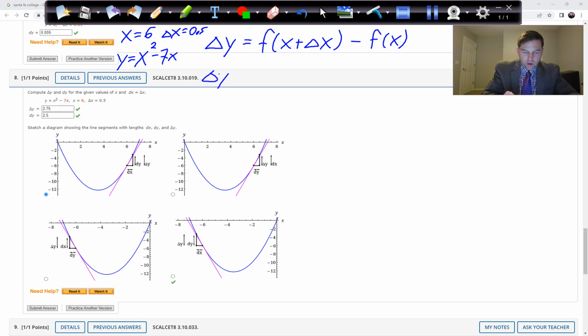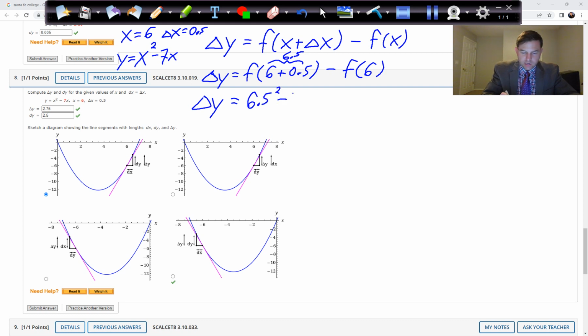So the change in y is going to equal the function when x is 6 and the change in x is 0.5, minus the function evaluated when x is 6. So this is really 6.5 plugged into the original function. The original function is x squared minus 7x, so it's 6.5 squared minus 7 times 6.5.